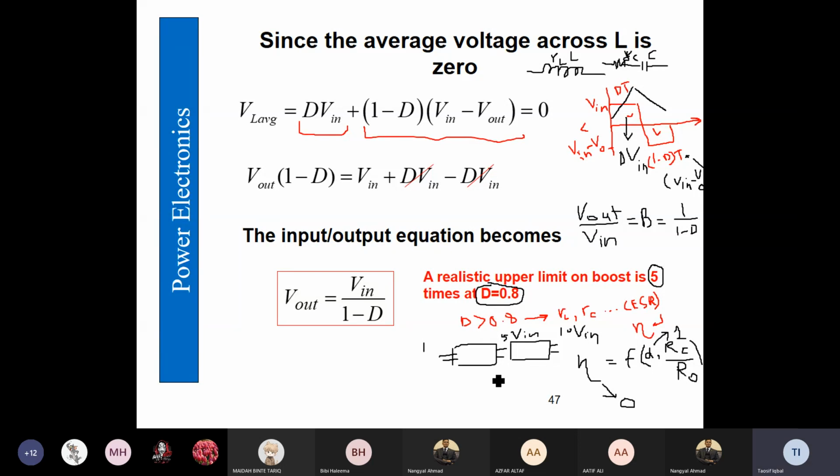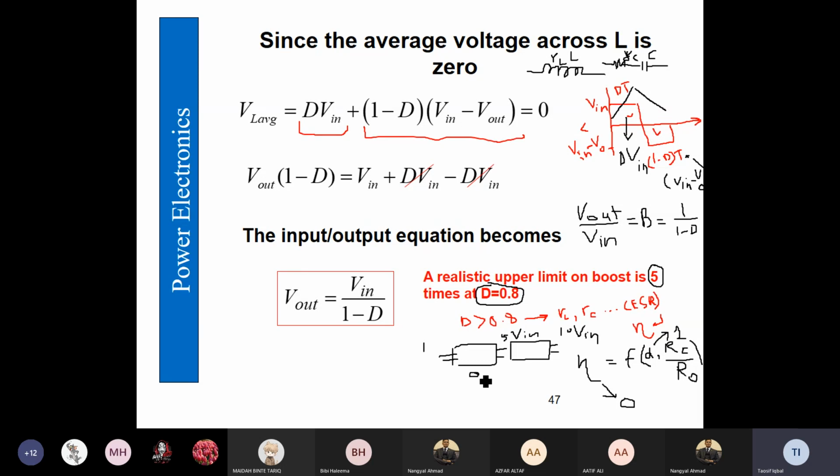Okay? So therefore instead of using one boost converter to get to the 10 times voltage ratio, we can use multiple boost converters so that their efficiency is higher.